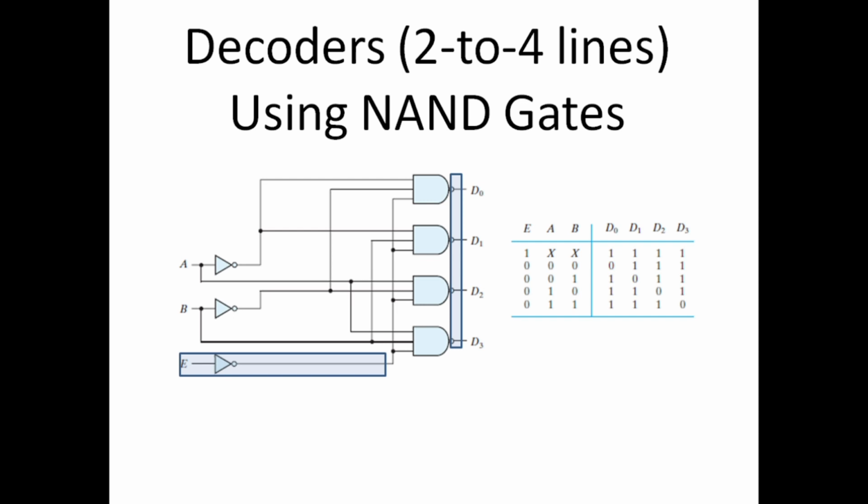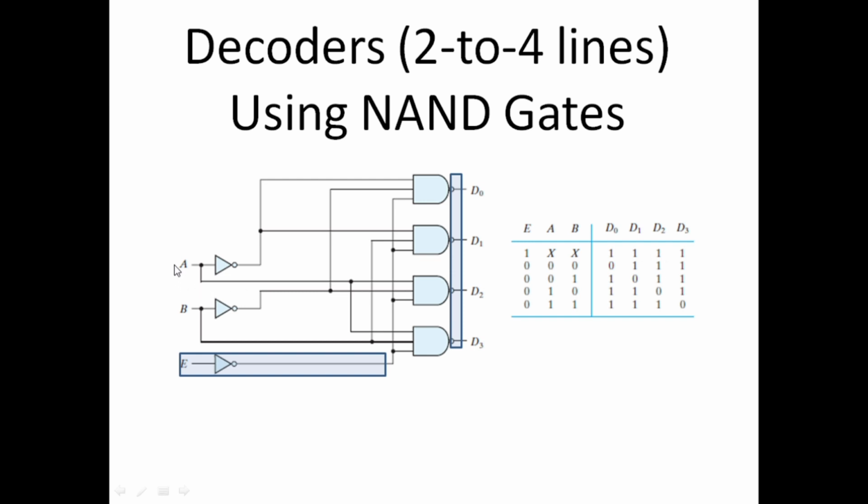Whenever this enable is 0, this line would give a 1 to all these NAND gates, and whenever this enable input is 1, then these NAND gates would get at least one input from this enable as 0, and whenever a NAND gate gets a 0 input, the output would always be 1, which is shown here.